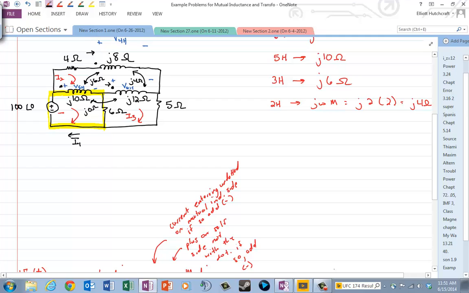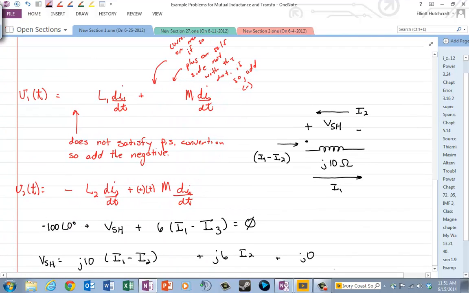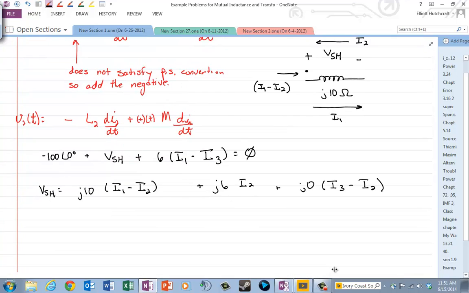Well, I3 is going into that, I2 is going against it, so going into the dot is I3 minus I2. So V5 Henry is equal to J10 times I1 minus I2, plus J6 I2, plus J0 times I3 minus I2.